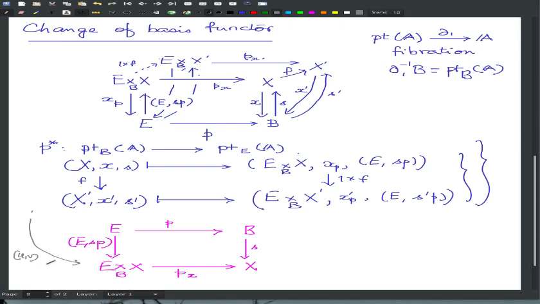Having this UV actually means that PU is equal to XV, right?